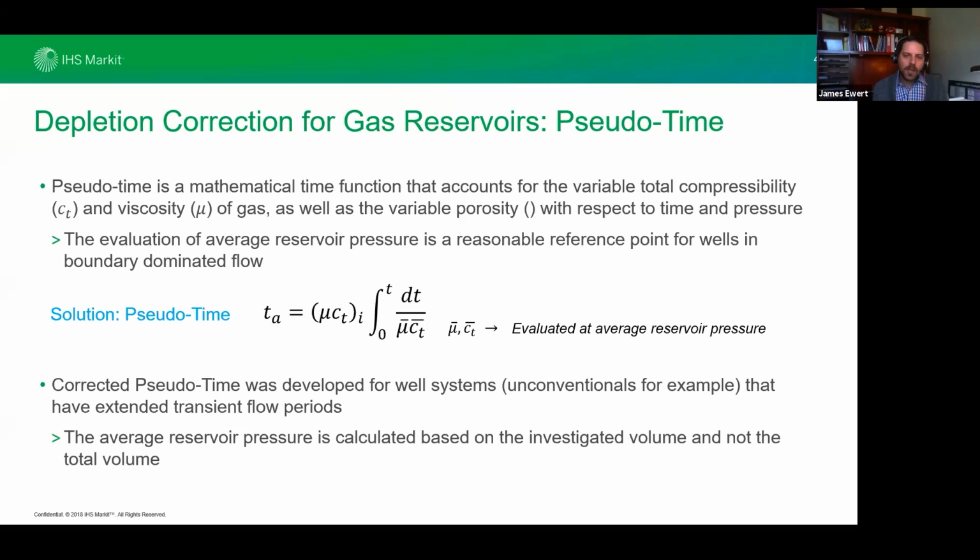If you are modeling your wells using an analytical model, a single phase model, the model is going to try to guess or calculate what the average reservoir pressure is, so it knows what reference compressibility and reference viscosity it needs to have. So we still need that average reservoir pressure. In a numerical model, you do not need to do this.